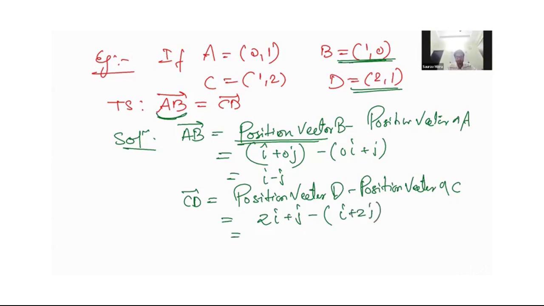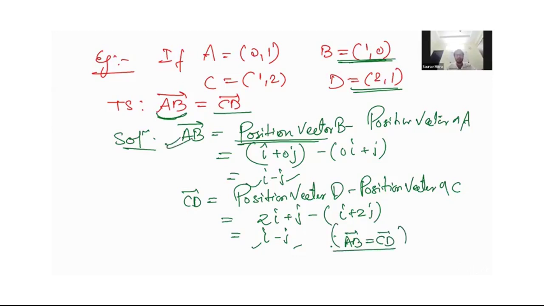That means 2i minus i is i, and j minus 2j is minus j. What they are asking is to show that they are equal. Yes, they are equal because their i component is the same and their j component is the same. Therefore AB vector equals CD vector.